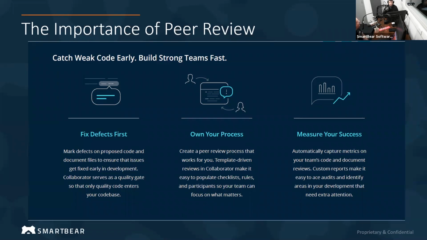Okay, so peer review is a way of reducing the amount of defects, certainly. But as it says on the slide, you own your process. If you are conducting peer review and it is part of your culture, you have confidence over the entire process. You have confidence that you've done your due diligence around releasing your code. And also you can measure your success.